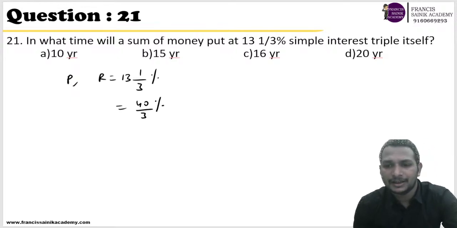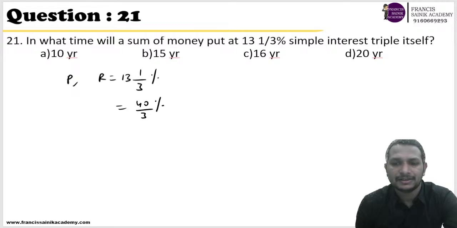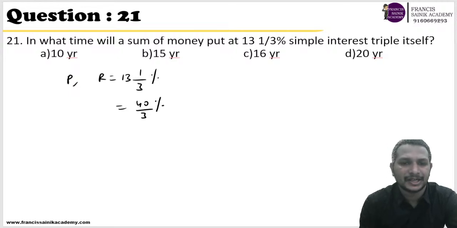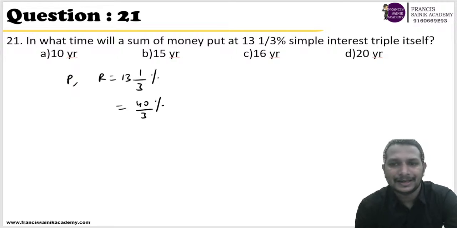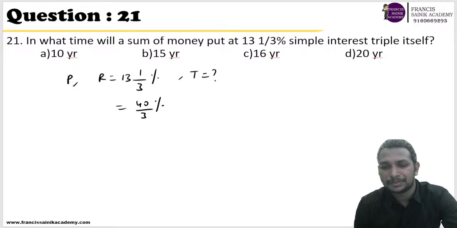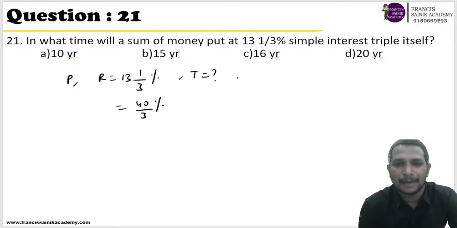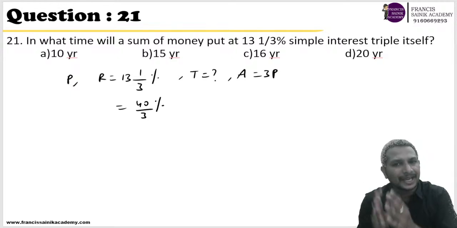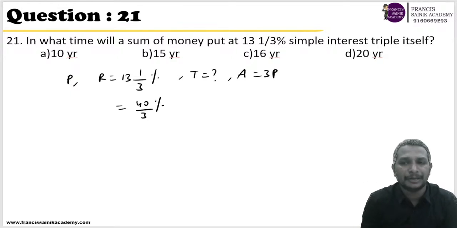They gave the value of rate of interest as 40/3%, and we need to find the time. The sum becomes triple. What is the meaning of that? Always the amount will be more than the principal, which means amount is 3P, 3 times the principal.